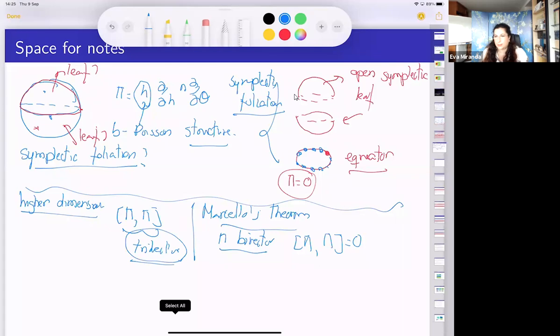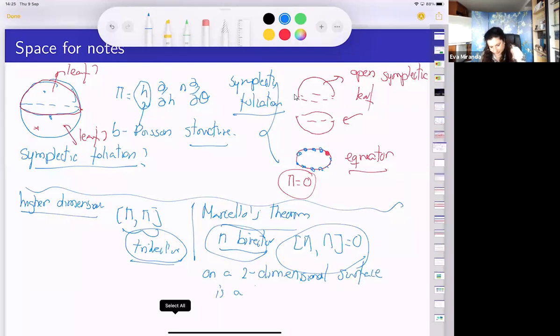I didn't want to get into multi-vector fields, okay? It's not that I don't like them, it's that I could spend my whole life there. But this is a 3-vector field, and in dimension 2 there is no space to have a 3-vector field because you have 2 coordinates. Therefore, the only possibility is that it's 0. That's how you prove that any bivector field on a 2-dimensional surface, and that's your theorem, is a Poisson structure.